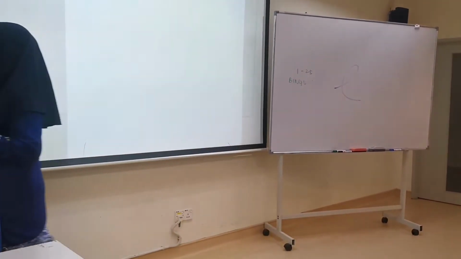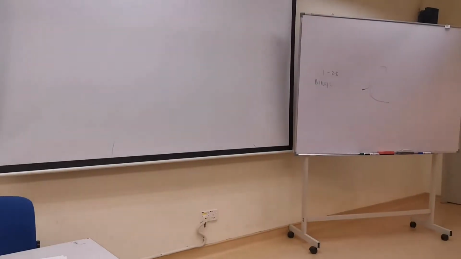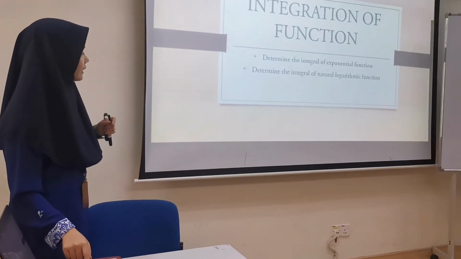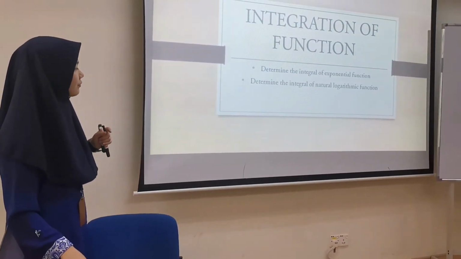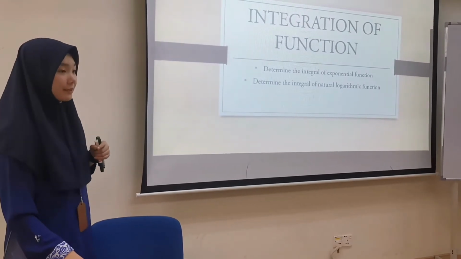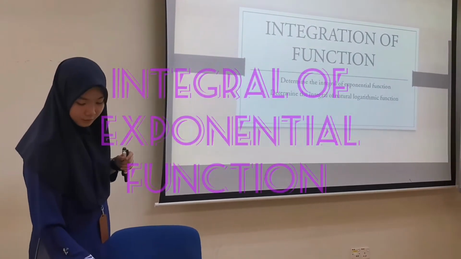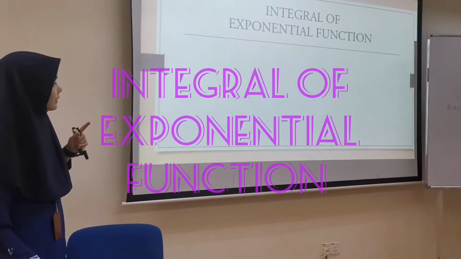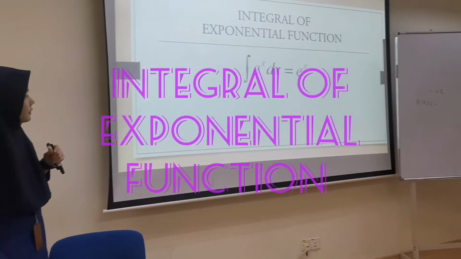So it is important for you to understand e. Next, we will learn how to determine the integral of the natural logarithmic function. But first, the integral of the exponential function.